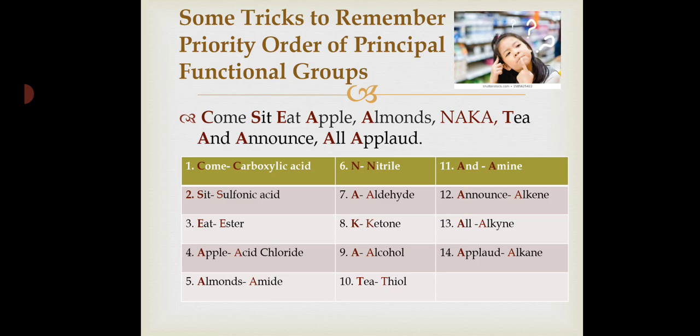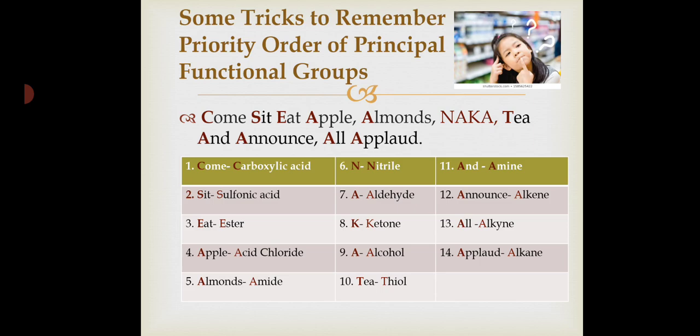A of NaCa, A is for aldehyde, K is for ketone, A is for alcohol. Then T is for thiol, and A is for amine, announce, A is for alkene, all, A is for alkyne, and A for applaud.